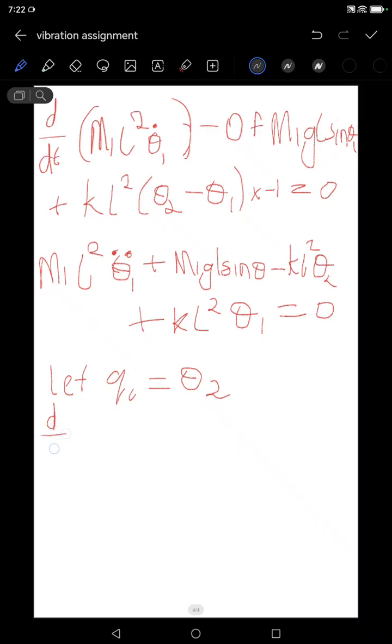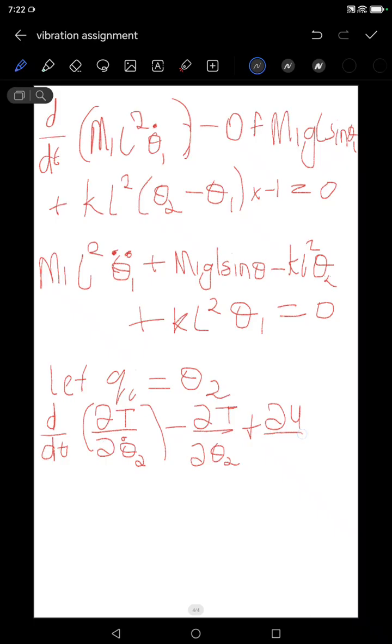So we're going to have d over dt into partial derivative of T over partial derivative of theta 2 dot, minus, this is the Lagrange formula, or equals to qi. But remember, we don't have the force on our second pendulum, so it's going to be 0.